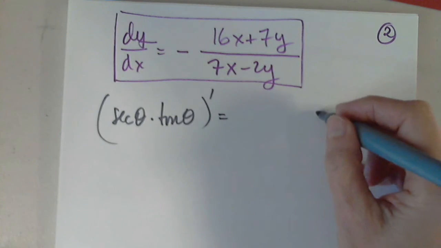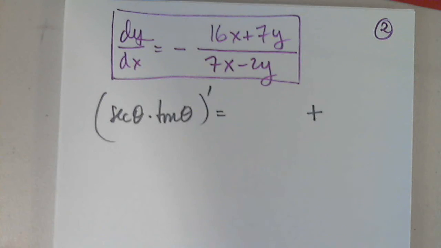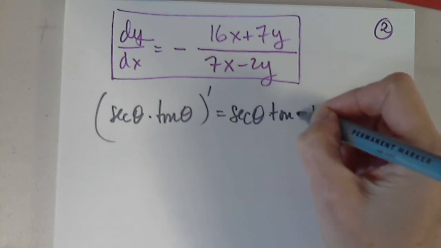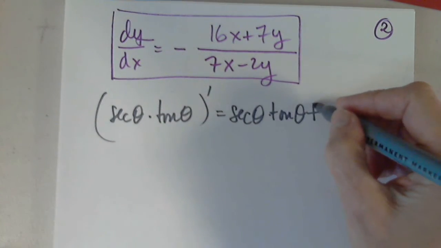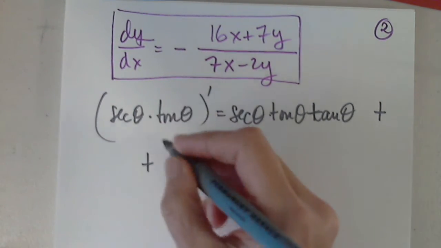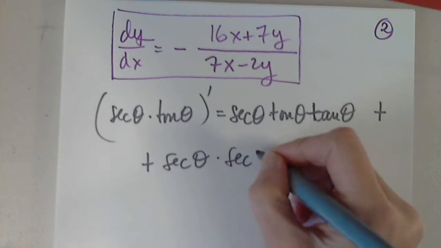Perfect. So remember, if we differentiate a product, we have to have a sum of two terms. Secant prime is secant tangent. And then I have to multiply by tangent. And then plus, I copy the first function times the second function prime.